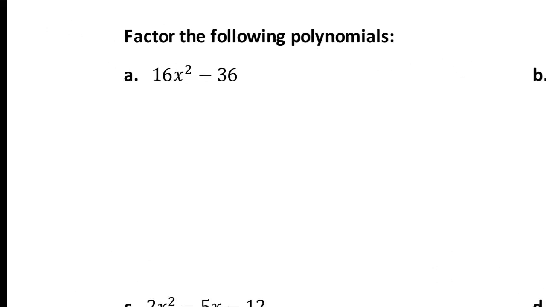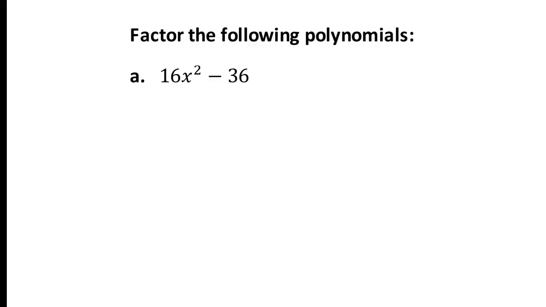So as I look at this, what do I need to remember to do first? Come on, guys, a little quicker. GCF. GCF. So between these 2 terms, do I have a greatest common factor?